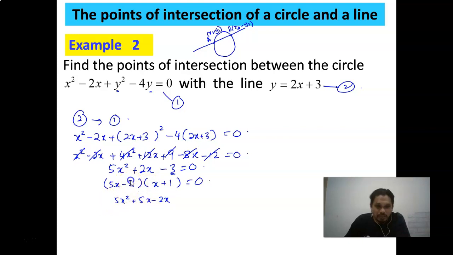Okay, let's try again. It's supposed to be 3 here. 5x times x, 5x squared. 5x times 1 equals 5x. Negative 3 times x, minus 3x. And negative 3 times 1 equals negative 3. So 5x minus 3x, 2x. There you go. So 5x squared plus 2x minus 3.